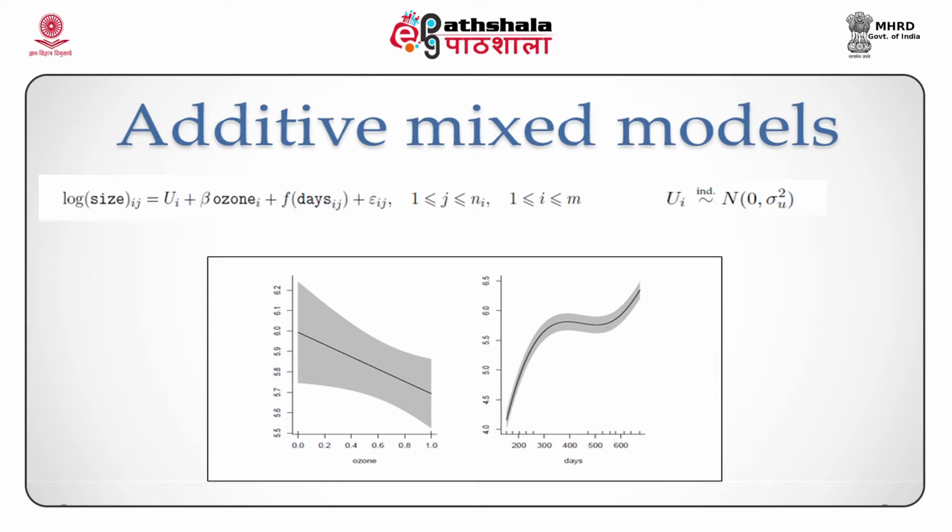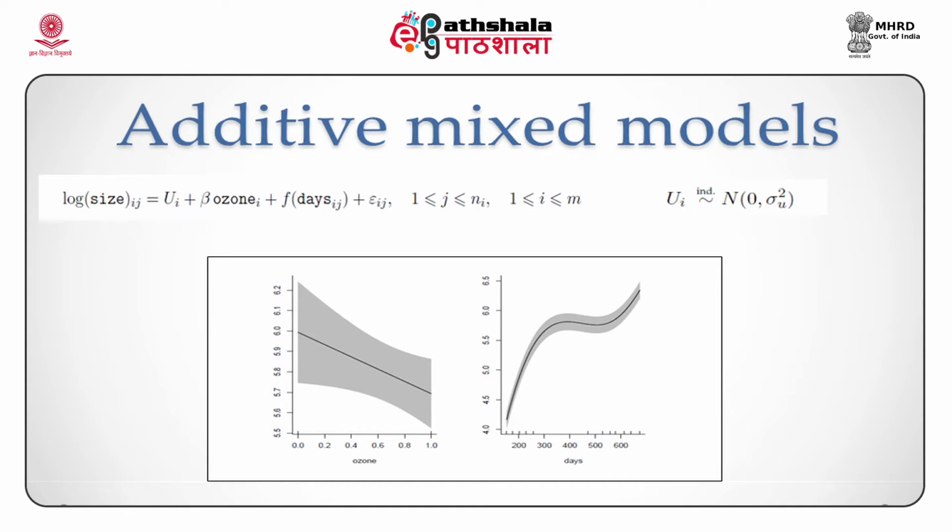It is possible to show that there is a certain mixed model representation which can be used to recover the additive function f of day. Because the mixed model can also be used to handle the random intercept, it turns out to be a very easy way to seamlessly model the effect of a random intercept as well as nonlinearity in response to day, and hence is a very useful tool.